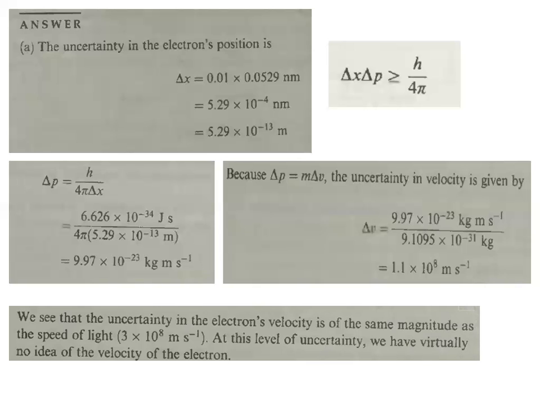It may be more than this, but according to this principle, at least there should be this uncertainty in the velocity of the electron. And it is written over here, you have no idea of the velocity of the electron. That is too much. You cannot say what is the velocity of this electron.